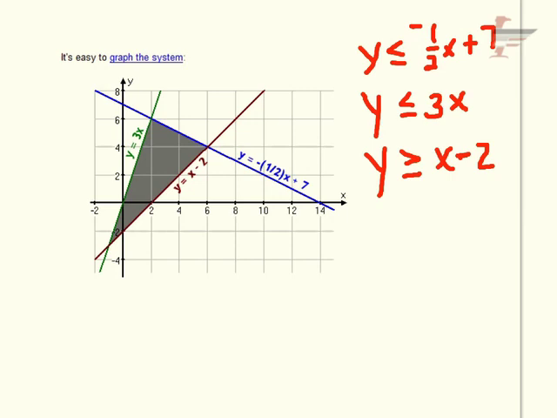The next step now is that the maximum or minimums occur at the three vertice points. A vertice point is where two lines intersect. So in this case, our graph has three vertice points, and now what we need to do is to determine what the coordinates of those vertice points are.